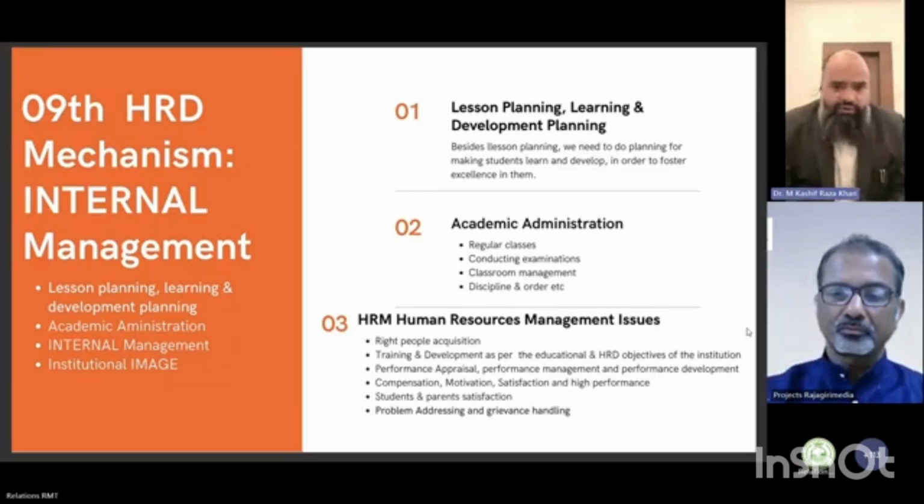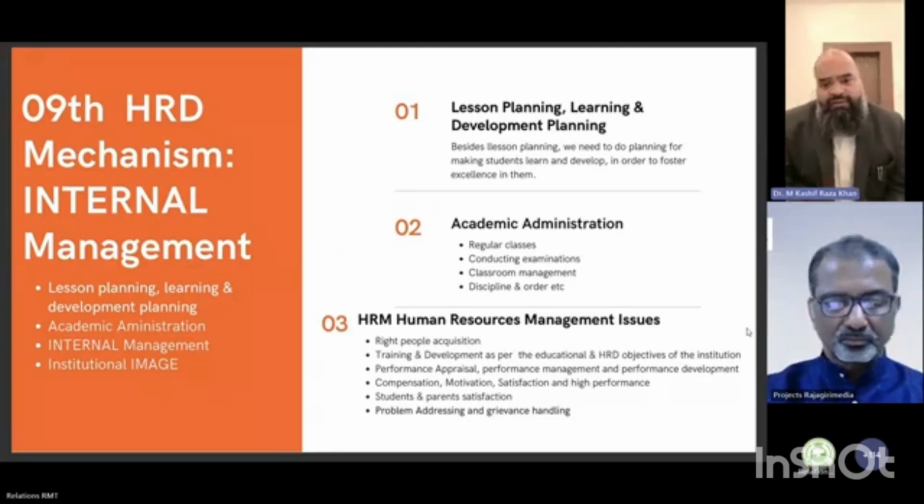Now, the third point of internal management is HRM, human resources management issues. The first HRM issue would be acquisition of the right human resources. If we have great masters, then only would we have the opportunity to produce great students.